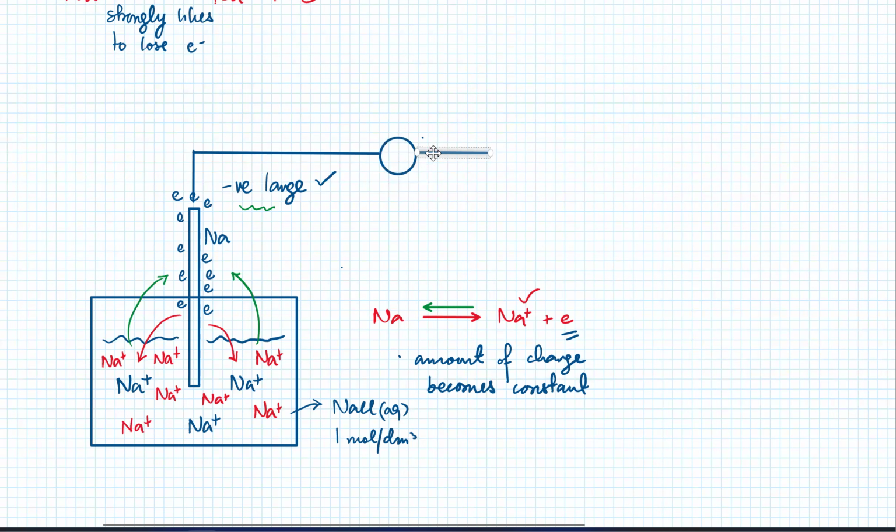So simply measure the voltage at this point. And that's known as your E naught, which is known as the standard electrode potential. For sodium, this value is already calculated. It's minus 2.71 volts.